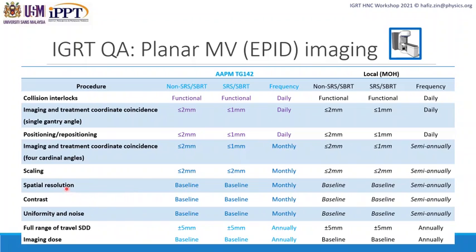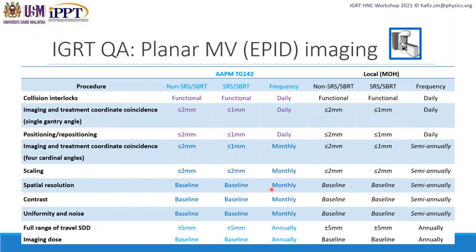Besides that, we also test for the image quality, and the reference is actually the baseline of the imaging system. So these are the values that we obtain during commissioning of the system, which should be within the performance accepted by the manufacturer, and we review the value from our QA test compared to the value that we get from the commissioning.